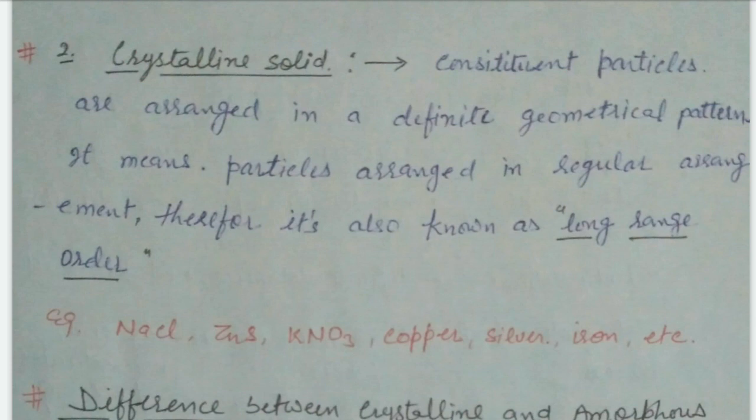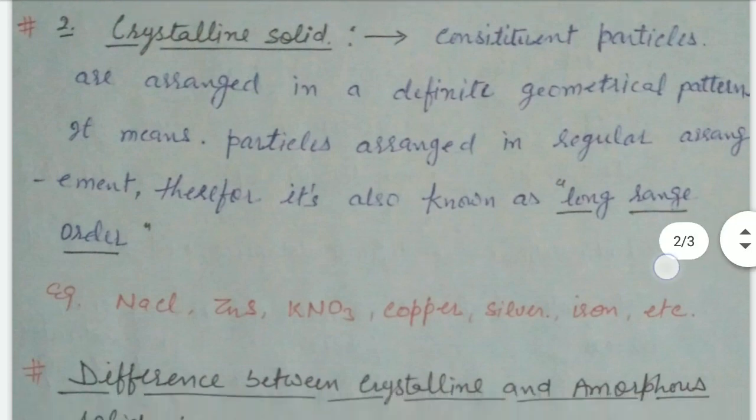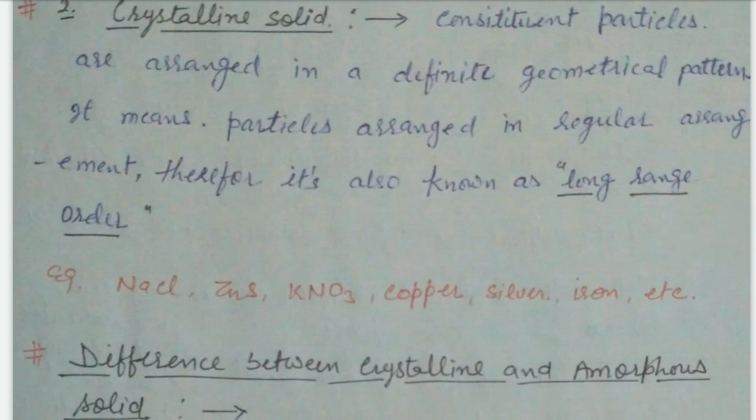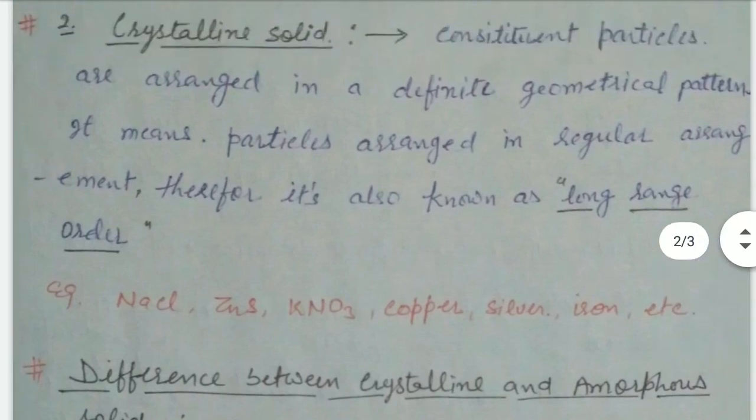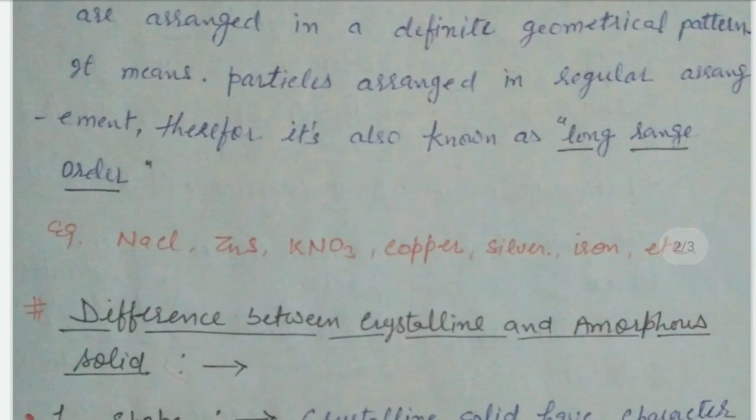It means these particles are arranged in a regular arrangement. Therefore it is called long range order. For example, in solids: gold, silver, iron, copper; in ionic compounds: NaCl, ZnS, KNO3, NaNO3, etc.